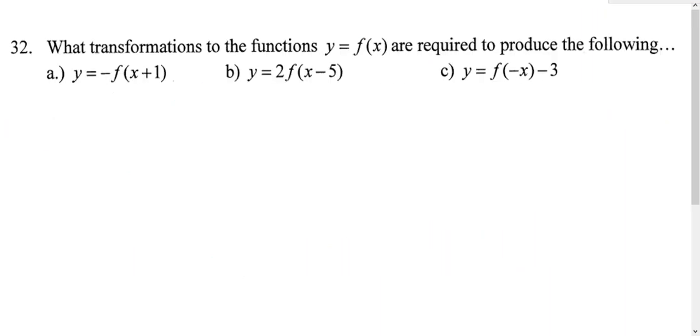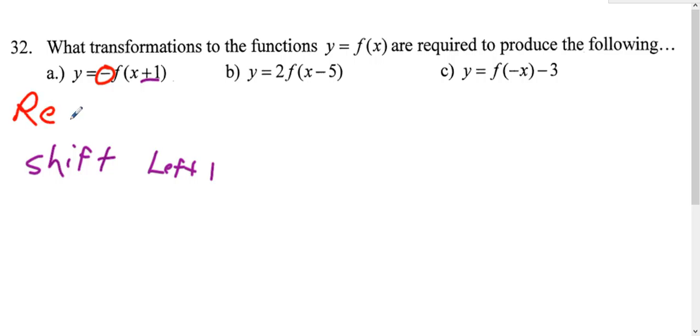For the transformations, a +1 on the x is going to shift it left or right. So +1 is actually a shift left 1. And this negative in front, it's not on the x, which means it reflects over the x.